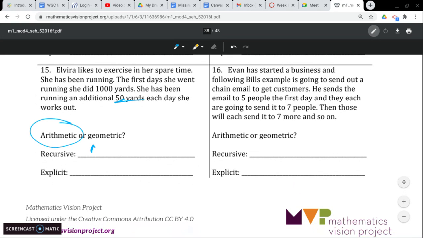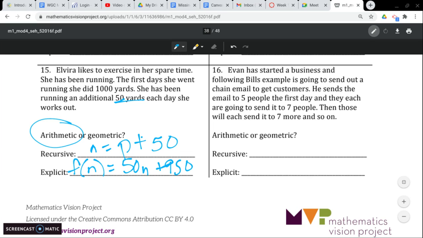So now equals previous plus 50. And so our explicit f of n equals 50n plus, we subtract 50 from 1,000, we'd end up with 950.